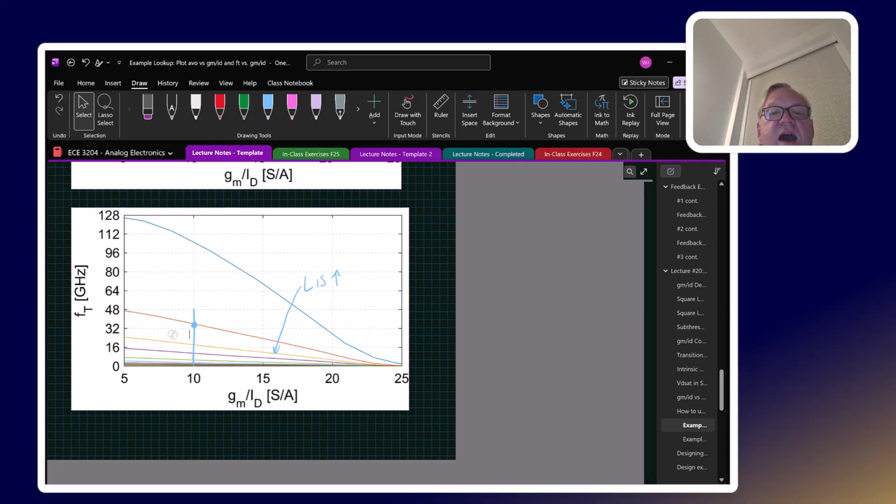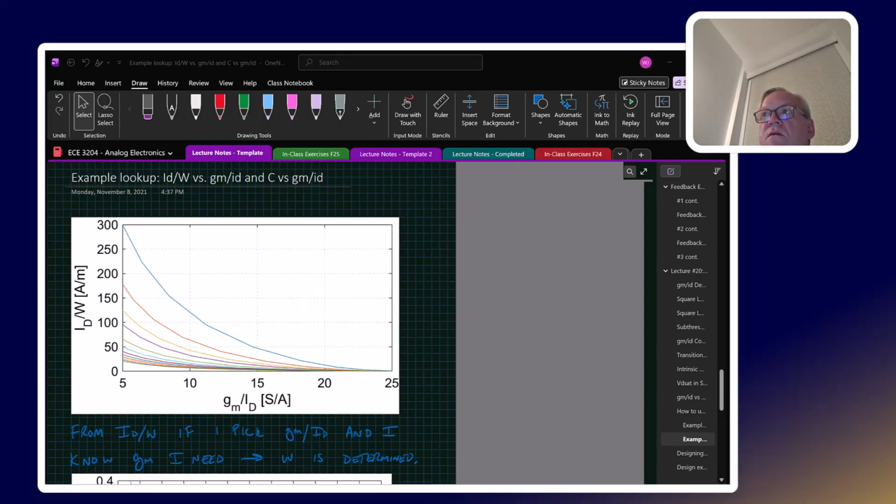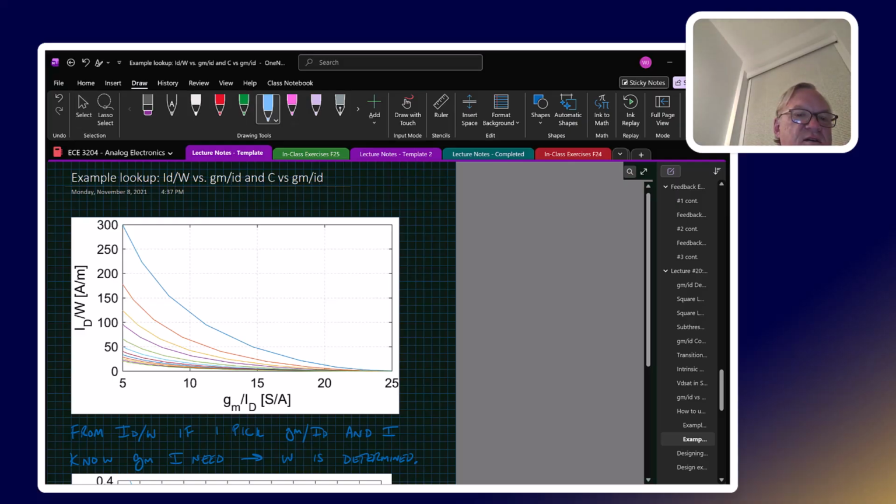Now, after that, we know what our L is. We can start trying to figure out how to size a device. So again, from my tables, I have ID/W, the ratio of the drain current to the width, as a function of gm/ID. And I'm working at a gm/ID of 10, so on this line.